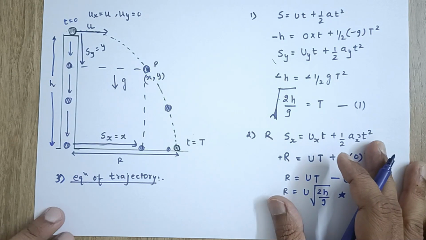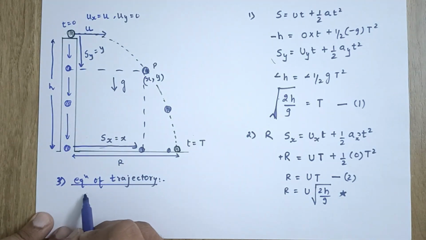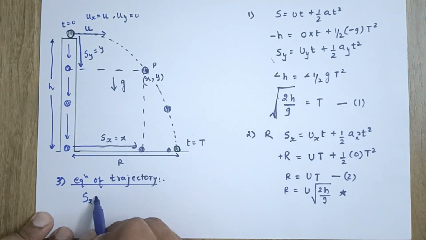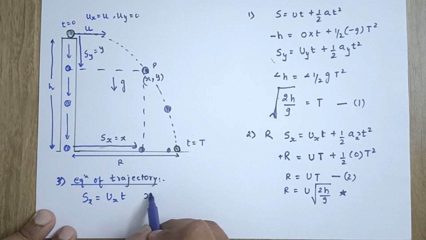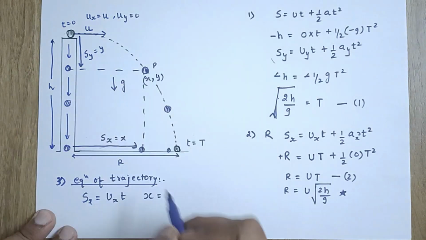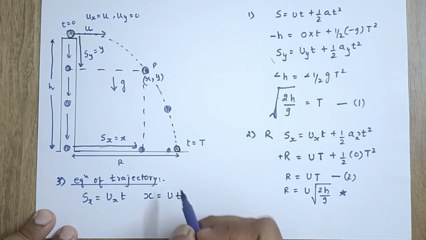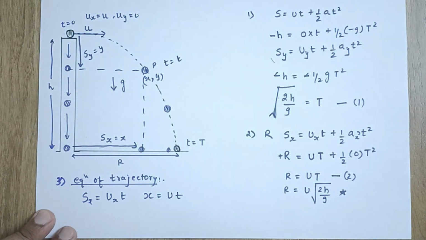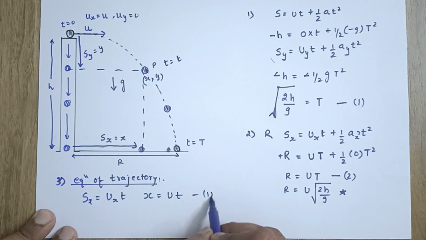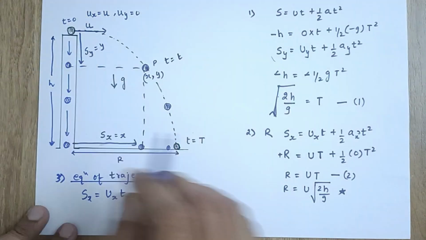So the first thing is x or sx is equal to ux t, because ax is 0. So I'm simply going to write down x is equal to ux, which is simply u, times t, and at any time when the ball reaches over here, time is any time t, right? So we get the first equation. Now the second equation is of the y.